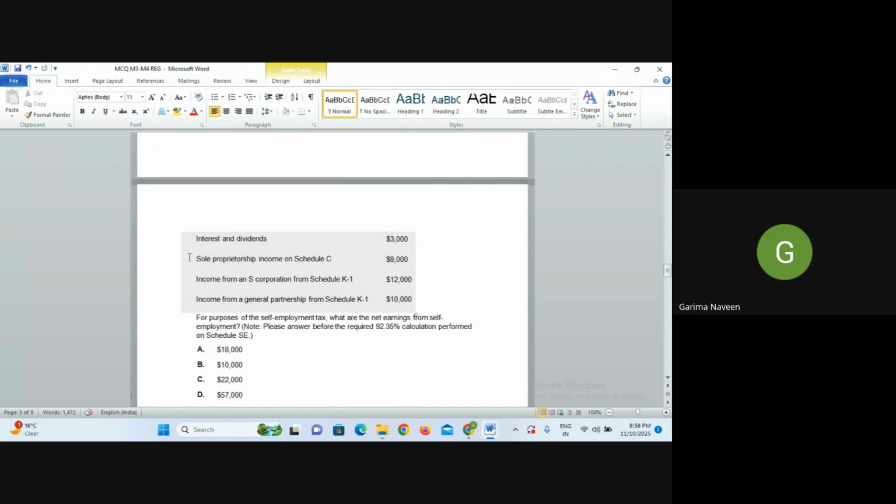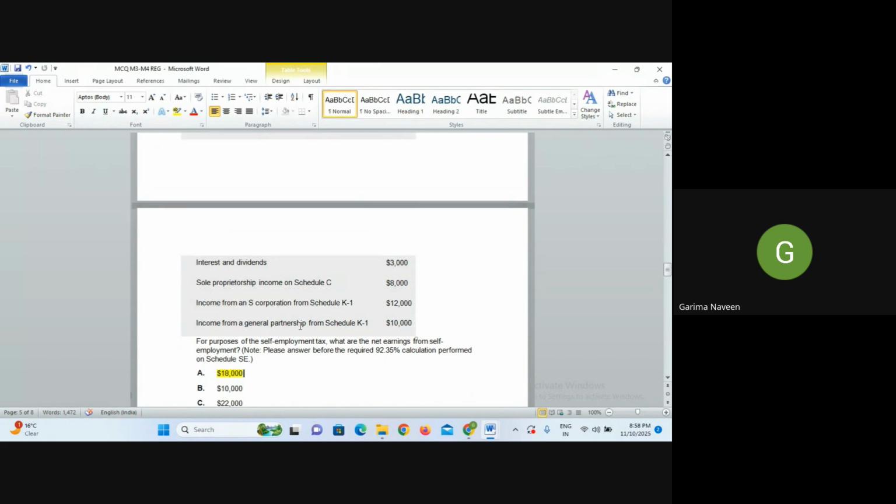Yes. So it is a business activity for you. So you are self employed here, you have a sole proprietorship, so you have to pay taxes on this. From flow through entities, you need not pay self employment tax, but if you are a general partner, you have to pay self employment taxes. So that means 8,000 and 10,000, 18,000 will be subject to the self employment taxes.